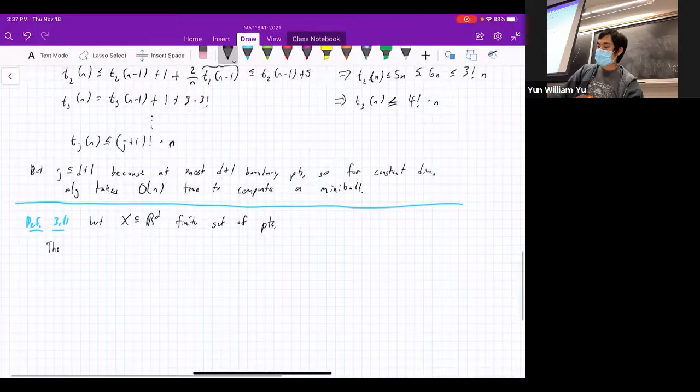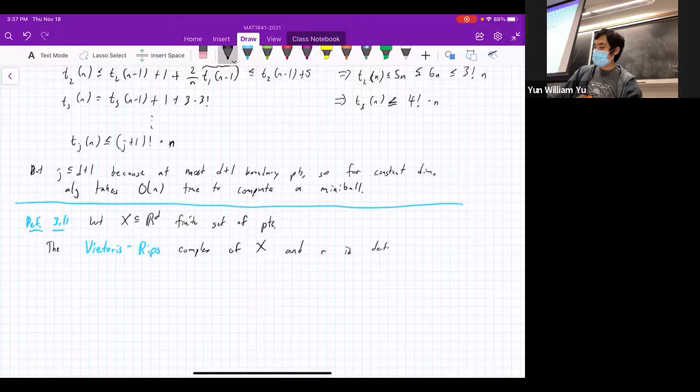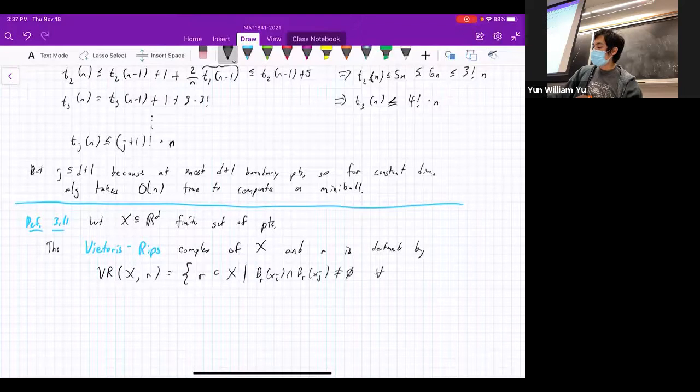Then the Vietoris-Rips complex of X and R is defined by, say, VR of X and R is equal to the set of sigma contained in X such that B(xi, R) intersect B(xj, R) is non-empty for all xi, xj in sigma.